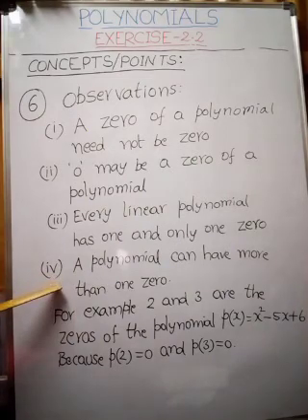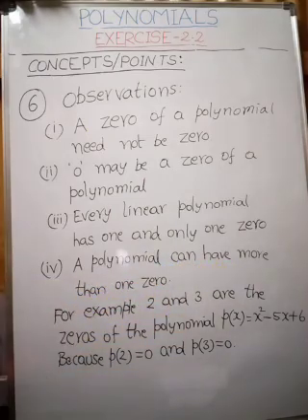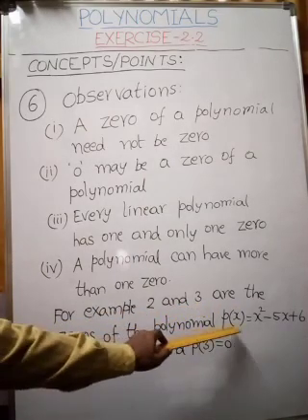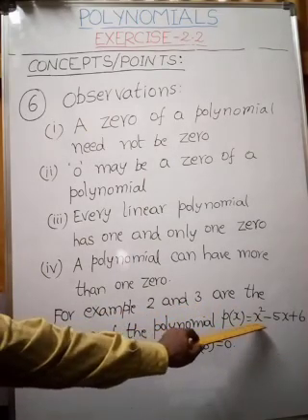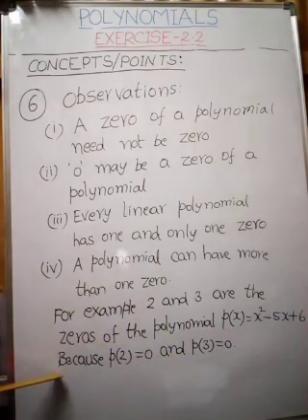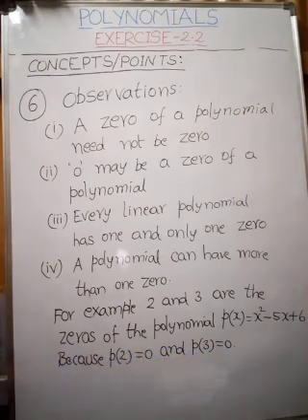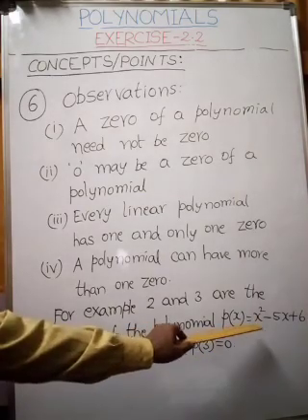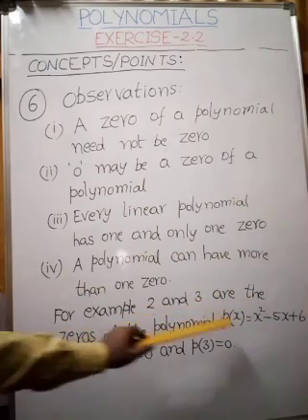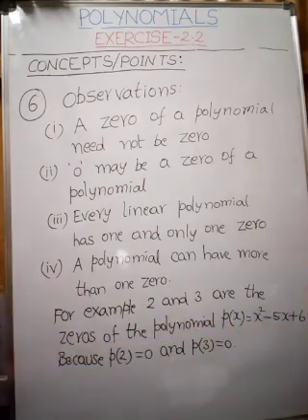And fourth point, a polynomial can have more than one zero. For example, 2 and 3 are the zeros of the polynomial p of x is equal to x square minus 5x plus 6, because p of 2 is equal to 0 and p of 3 is equal to 0. It means in the given polynomial, if you substitute x is equal to 2, we get its value as 0.